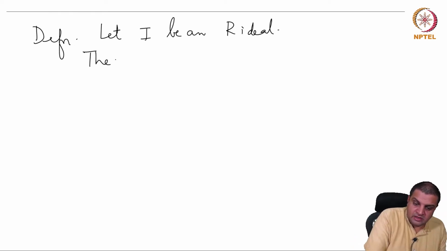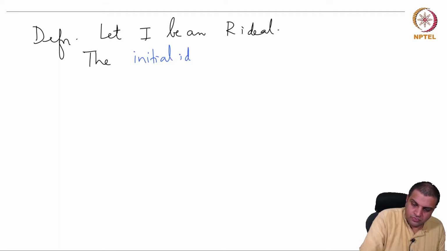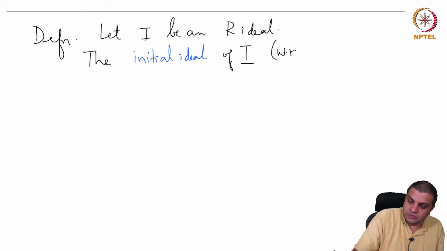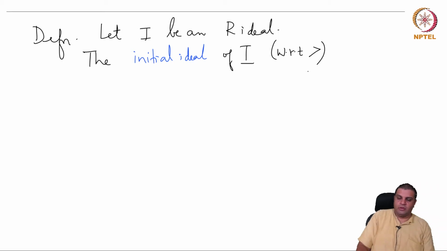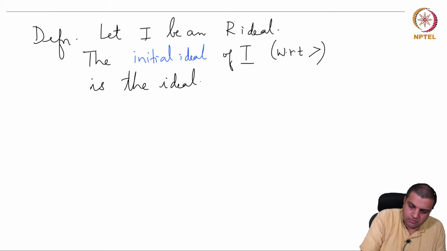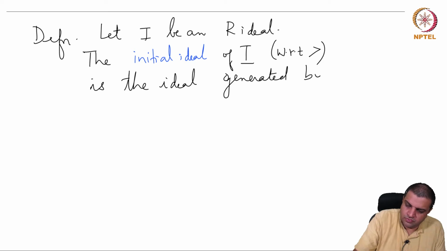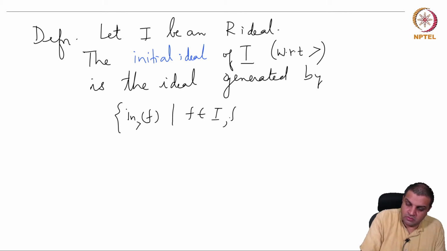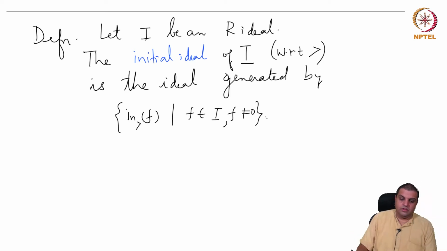The initial ideal of I, again all of this is with respect to the given monomial order, is the ideal generated by the initial terms of the non-zero polynomials in I.